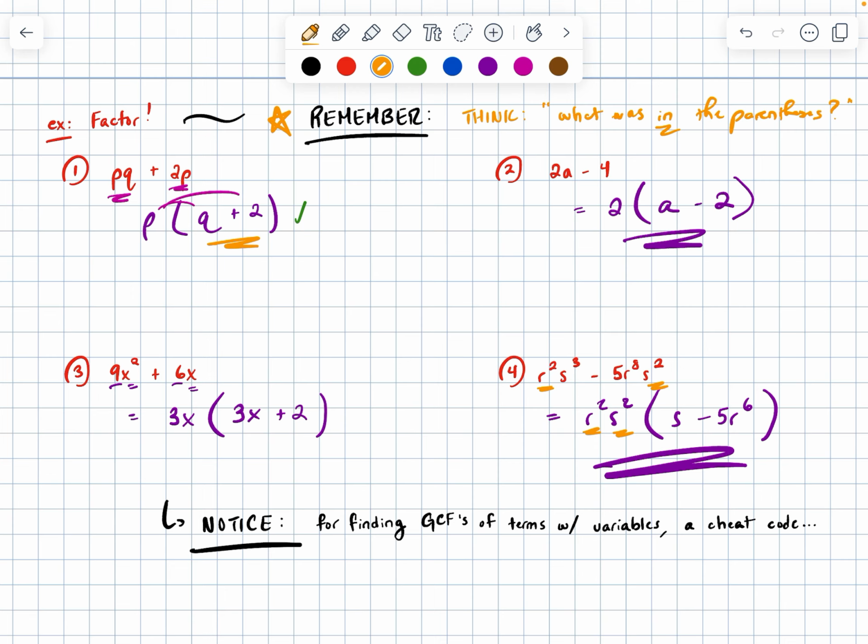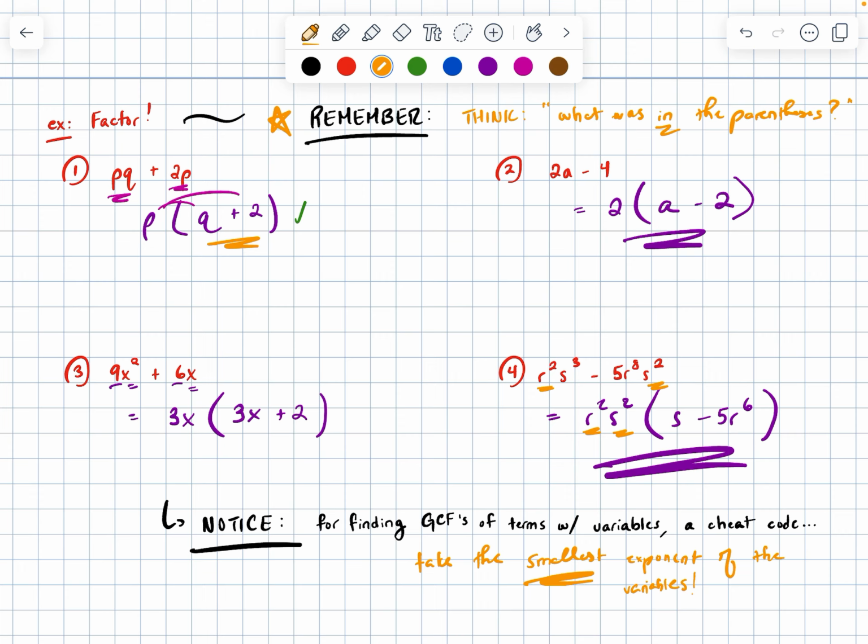My strategy when I'm working with finding GCFs of variables, it turns out that all I need to do is take the smallest power that I see on each of my variables. So in this case, I'm going to take the 2 from the r squared because 2 is smaller than 8. I'm going to take the 2 on the power of s because s to the power of 2 is less than s to the power of 3.